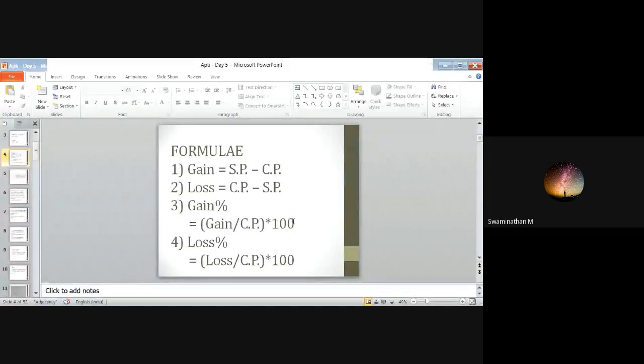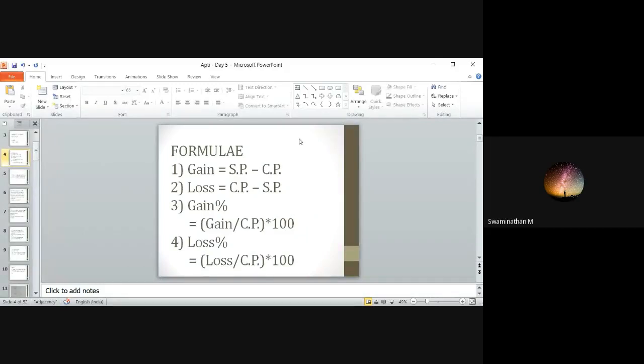Gain by cost price into 100. 100%? How come? If you want to get 100% gain, it will be very difficult.